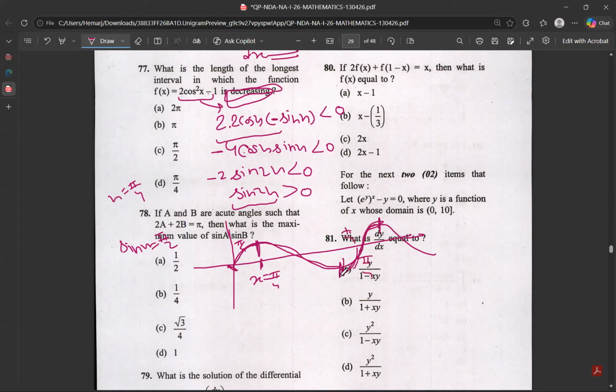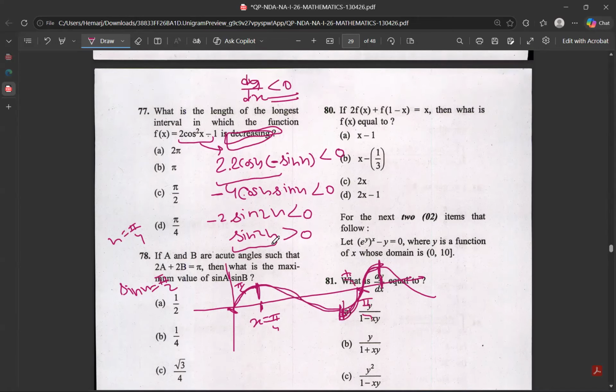So this is pi by 2 length, I'm talking about length. So pi by 2 will be the biggest length in which our sin 2x will be greater than 0. And this is also the length, or I can say the interval, in which this function will be decreasing. So this is our pi by 2.